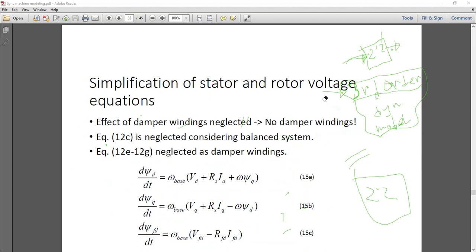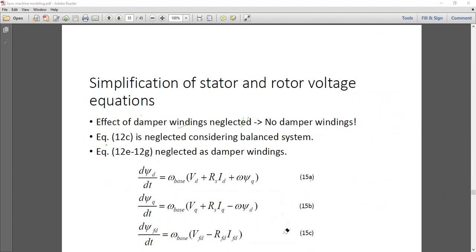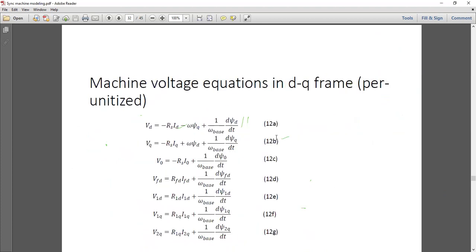Those three equations were related to which voltages? Those were related with VD, present in 15A, then VQ present in 15B, and VFD present in 15C. So simply what we are doing is taking the differential term on one side of the equation to make the coefficient of these differential terms equal to 1. That's why we are simply changing the sides and rearranging equations 12A, 12B, and 12D.